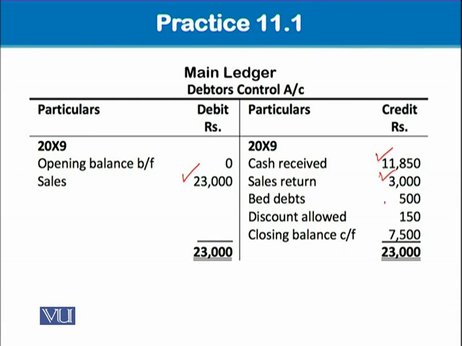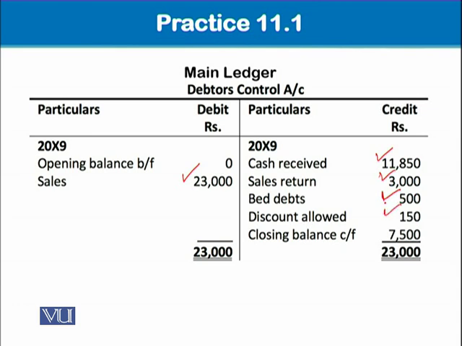So that bad debt will be taken in the credit of the debtors control account. And then in the cash book, you can see in the receipt side, there is a column discount allowed. Yes, the total of that discount allowed is 150. So put that 150 over here as discount allowed.